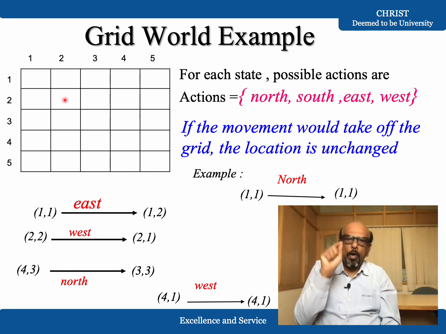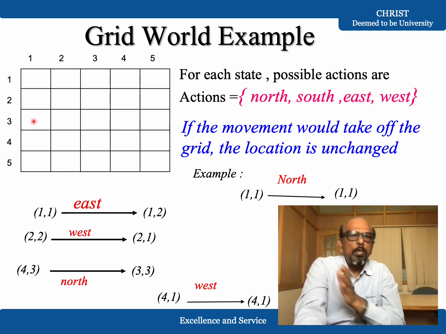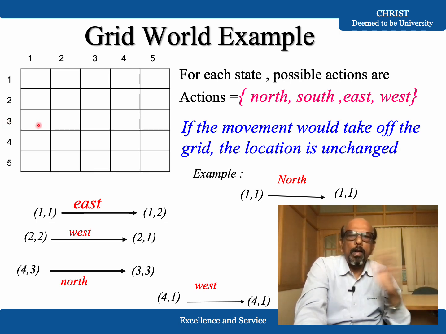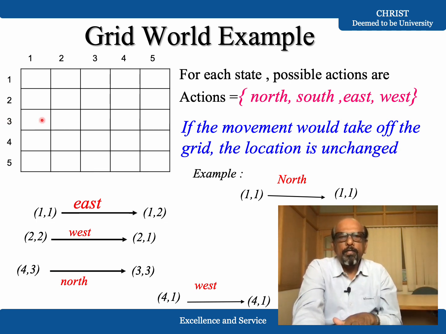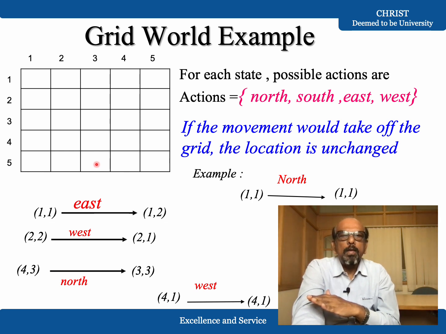Now, one important disclaimer is, if the movement would take off the grid, then the location is unchanged. For example, you are in 3-1 and you move further left, no, you will bump on the wall and fall into the same cell. Whereas if you move right from 3-1, you will go to 3-2. Similarly, you are in 5-3.